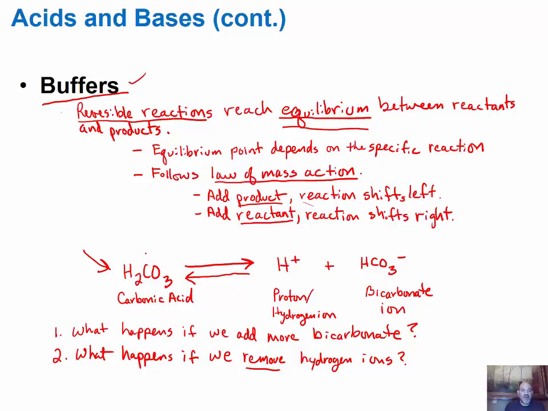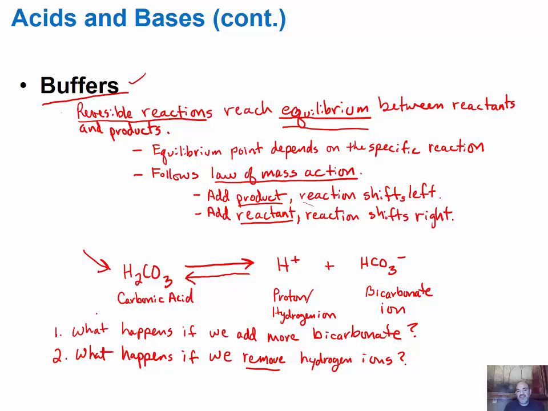And as soon as that happens, another one dissociates. So more or less, there's always going to be about 20 carbonic acid. Every 20 carbonic acids, only one's going to dissociate. So that ratio is going to be about the same. So it's an equilibrium at that point. Regardless of how much carbonic acid we put in there, about 1 in 20 are going to dissociate.